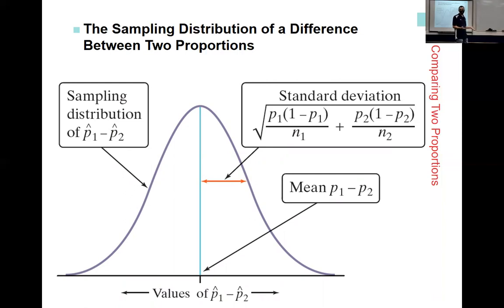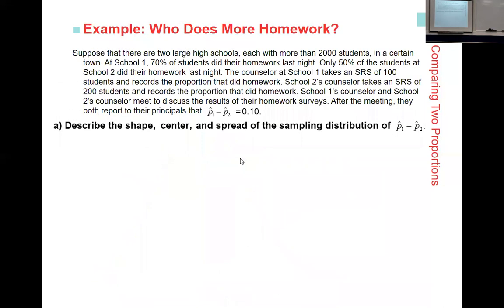So when we make our formulas, when we put in place the statistics and the means and the standard errors, these are the formulas that are going to go there for mean and standard error this time. So, what we're going to look at first is an example here.